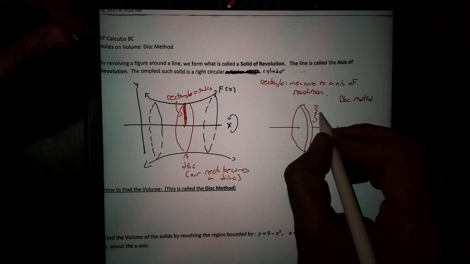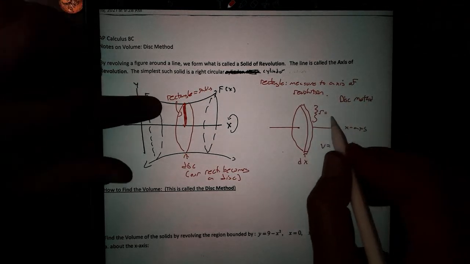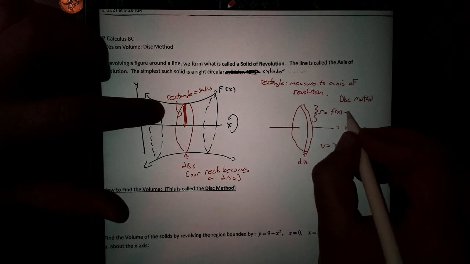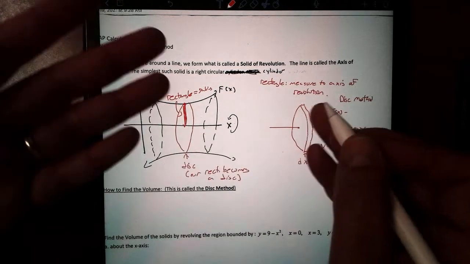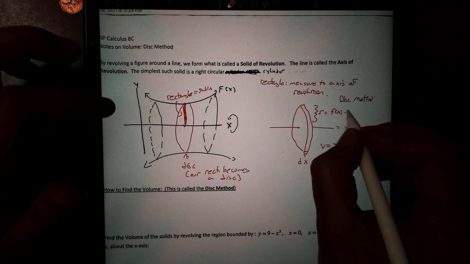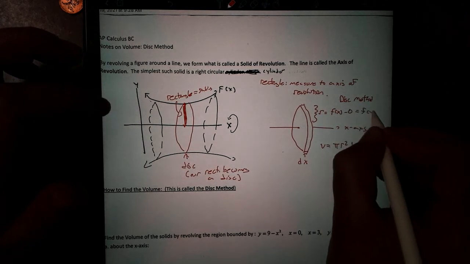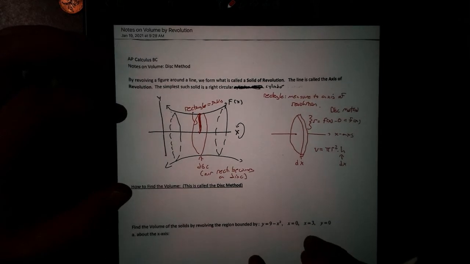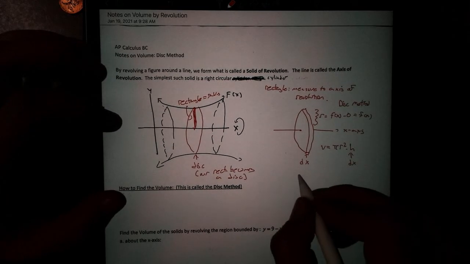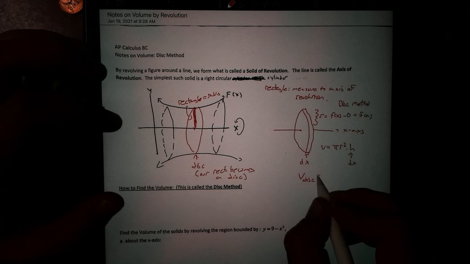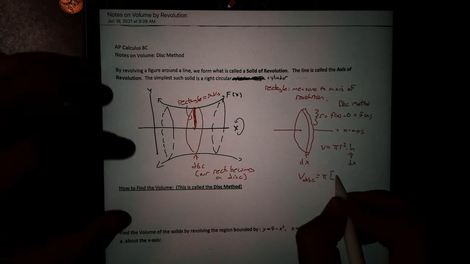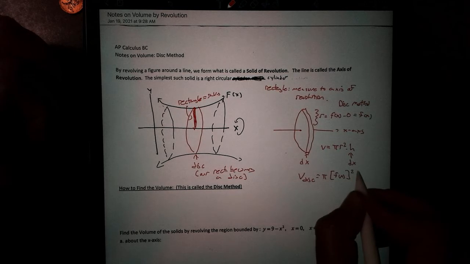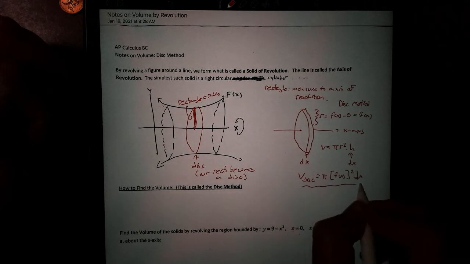So my radius is just my rectangle. And again, it's going to be top, which in this case is f of x, minus the bottom. Again, I'm in terms of x, top minus bottom, and the bottom is just going to be 0. So my radius is just the function itself. So to get the volume of my one disk now, it's going to be pi times my radius, which is just f of x squared, times the height dx.